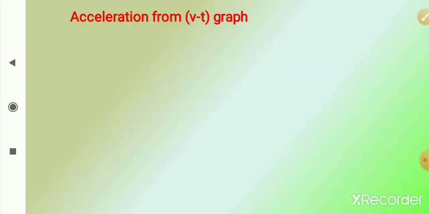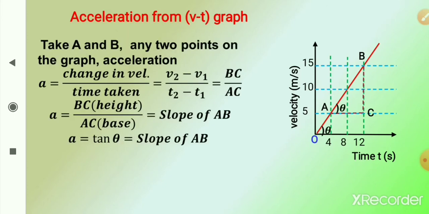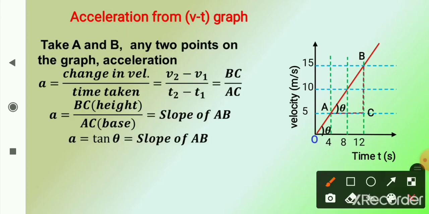So now, how do we find out acceleration from velocity time graph? So here we have velocity time graph, a straight line. Same method, choose 2 points on the graph and complete this triangle ABC, and you see, take AB as 2 points on graph, and you know that acceleration is change in velocity upon time taken.